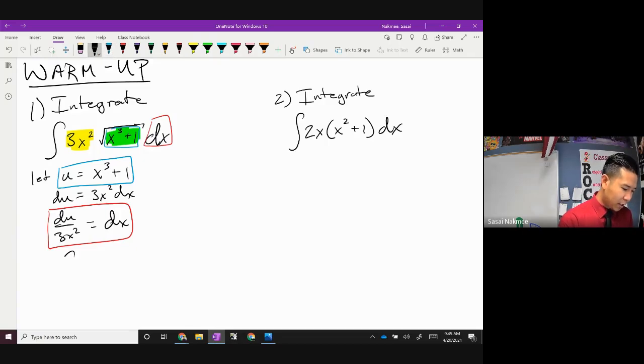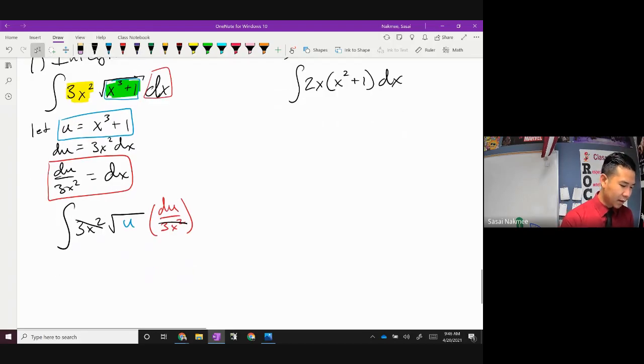We end up with the integral of 3x squared times the square root of u times, instead of dx, du over 3x squared. Now, when I work out this problem, the 3x squareds cancel out. See that? They cancel out. And I'm left with the integral of u to the 1/2 du.